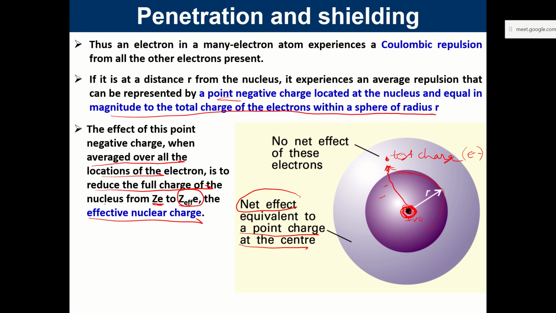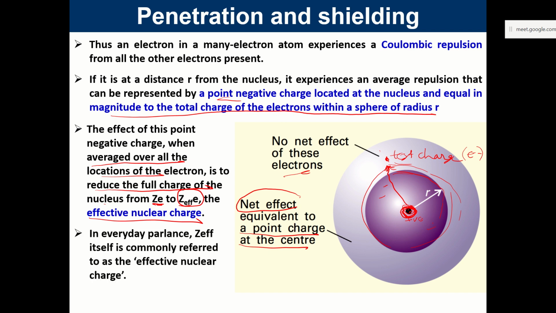Any electron that is on the other side of this test charge will not affect this interaction between the nucleus and the test charge. Anything that comes within this inner circle will affect the overall attraction. So this Z effective is commonly referred to as effective nuclear charge.